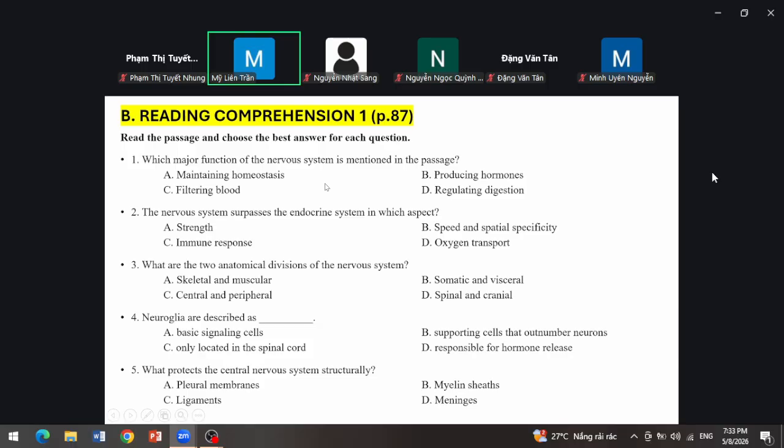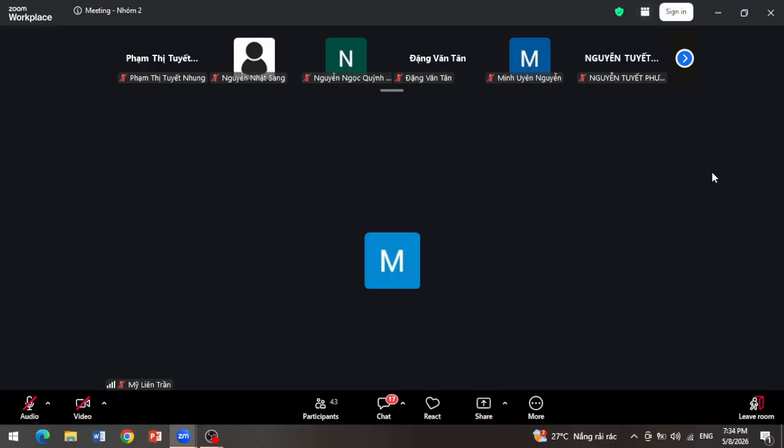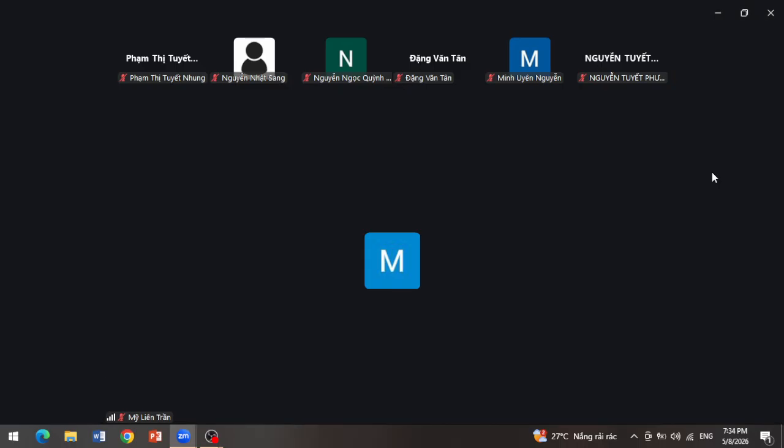Ta bắt đầu làm bài từ task B, C, D, E. Tôi có khoảng 10 phút để chuẩn bị cho các task và sau đó ta sẽ cùng nhau sửa bài.